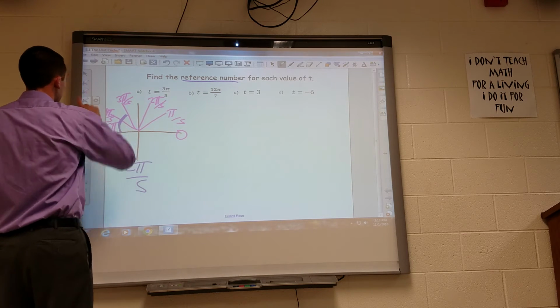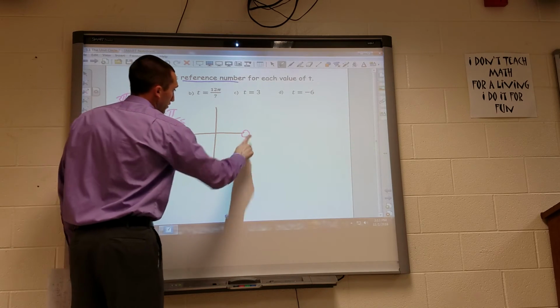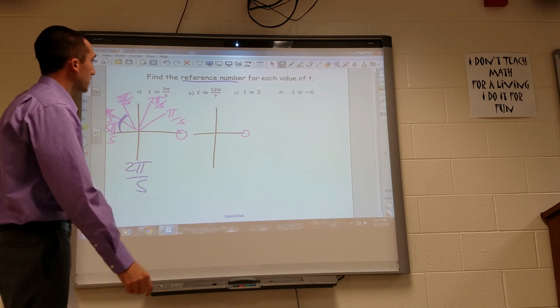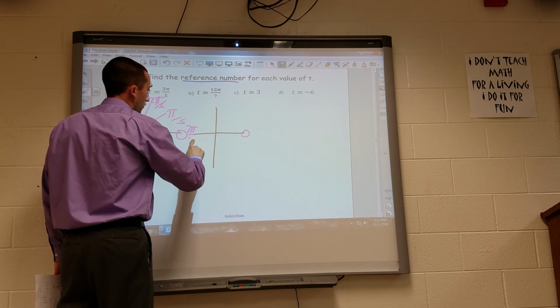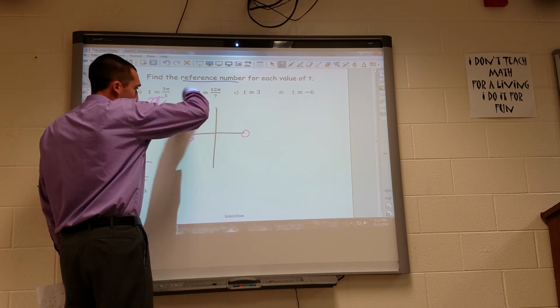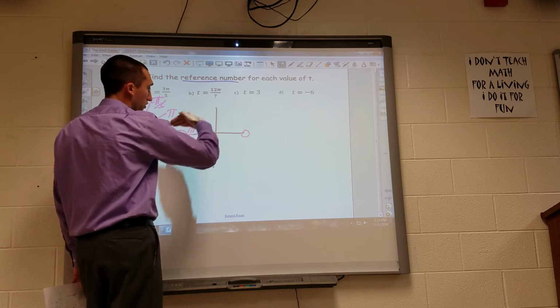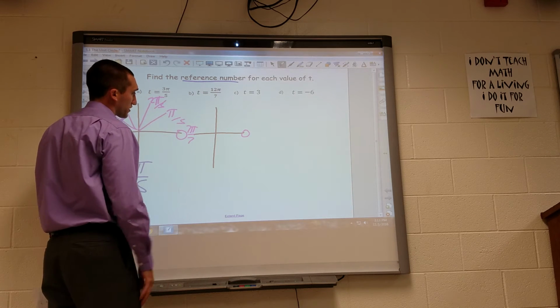Same thing here with t. I'm going to draw my axes. 0 degrees is where I start. Now I know when my denominator is 7 that the other side is going to be 7 pi over 7. Right, so I could draw 7 pi's over 7, and we realized that we would get to 7 pi over 7. Okay, but then I've got to get to 12 pi over 7.